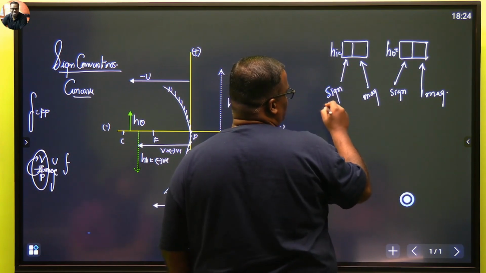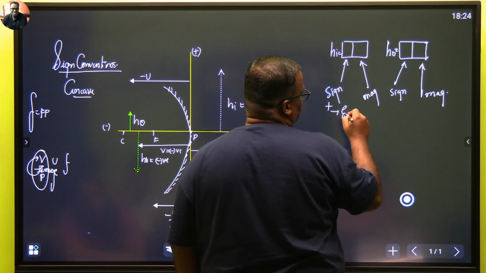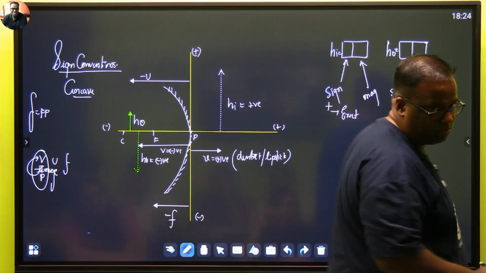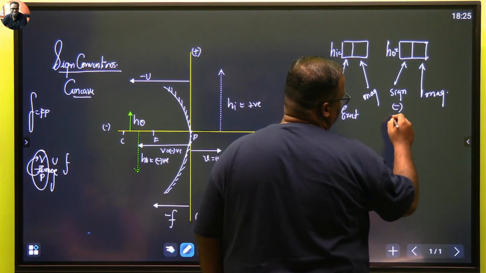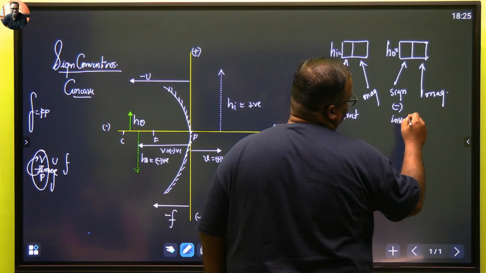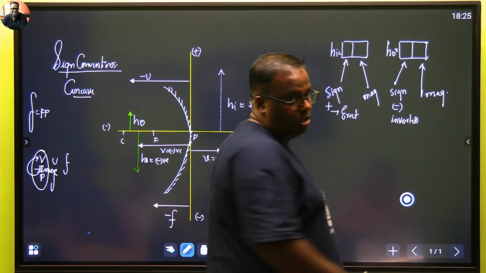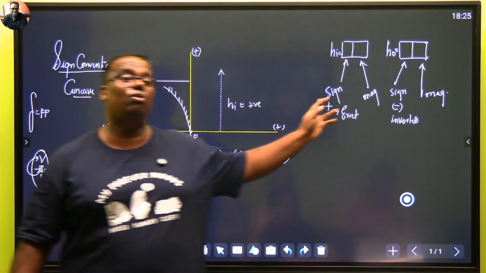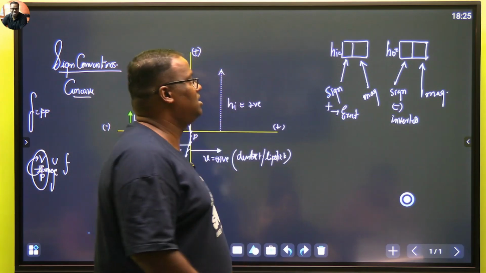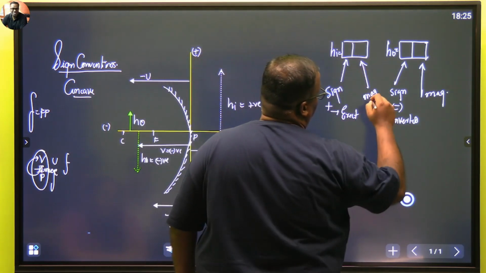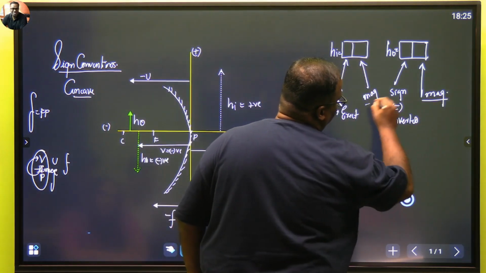The sign, if it is plus, means it is erect, सीधा है. And if the sign is negative, it means inverted. बात समझ में आया? Don't use this as -3 and 4, sir. +4, -3 small, +4 is very big. Nonsense. You will get 0. Big or small, we will always qualify with the magnitude.